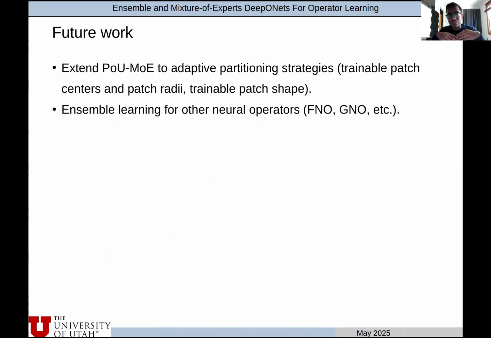For example, in the Darcy flow example, since we have a triangular domain, it would make more sense for an entire domain to cover each of the three boundaries. So an ellipsoidal domain shape would be better. And that is easily doable right now in the framework. But in order to make it deformable, we have to do something interesting to have the patch shape and size change dynamically throughout training.